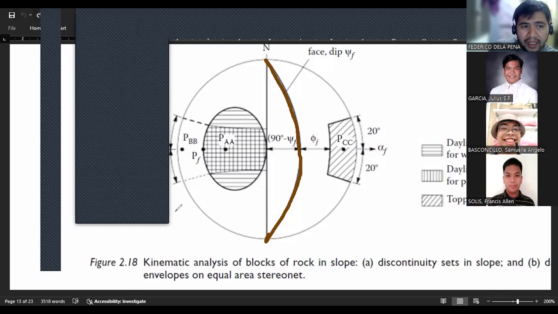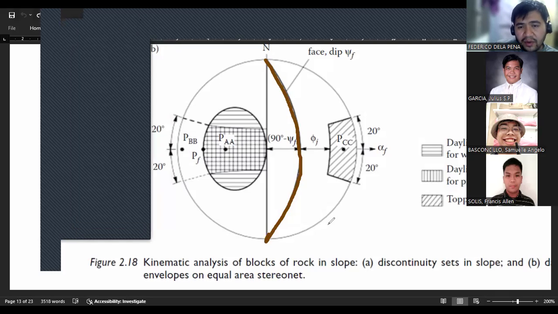So criteria one is about the orientation. Okay, if you'll remember, the orientation of the discontinuity should be more or less parallel to this face. So try to disregard the other symbols for now and just focus on my drawings.